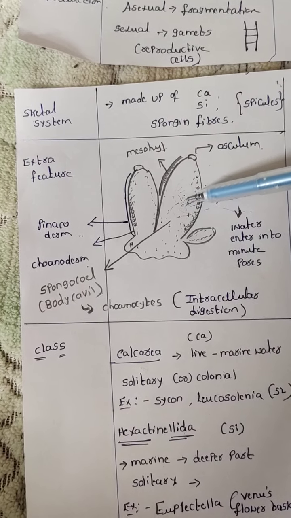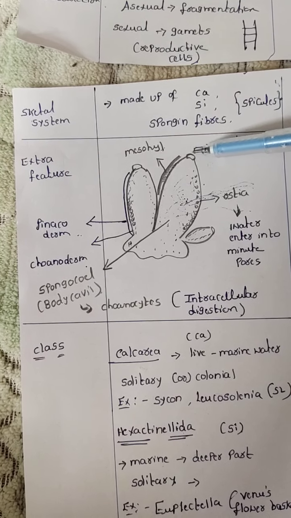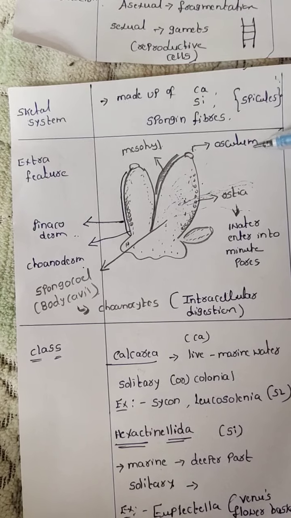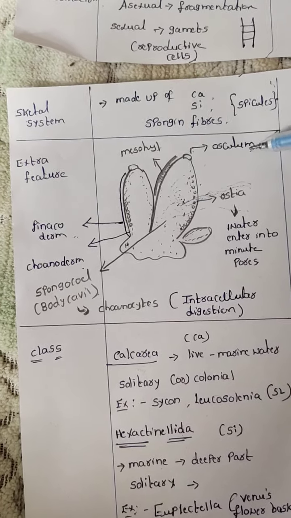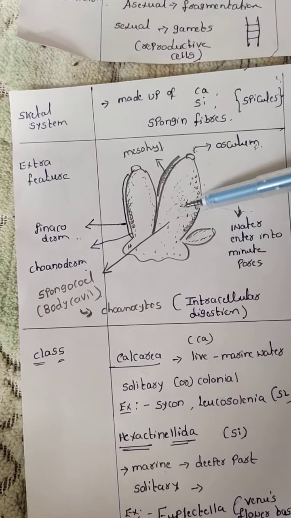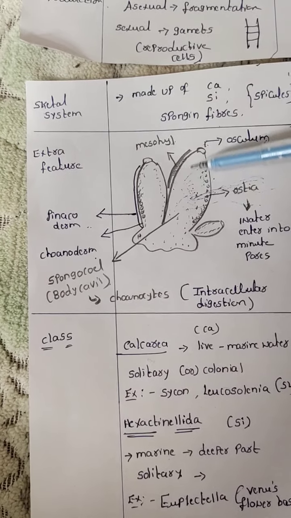Now for these excretory products, above there is a large pore. That large pore is called the osculum. This osculum is an excretory pore. That's why the water enters like this through the ostia, and through the osculum the excretory material goes out. How does it go out?